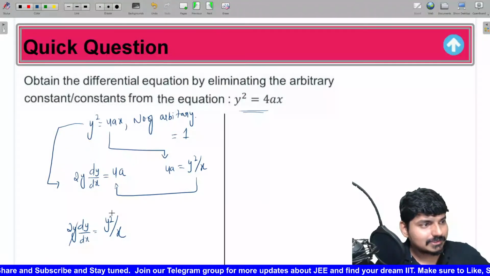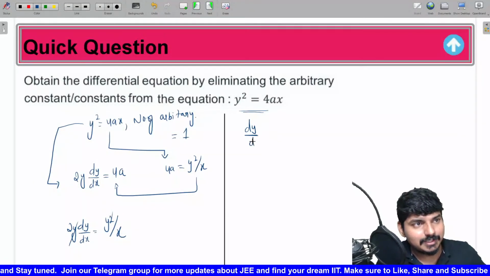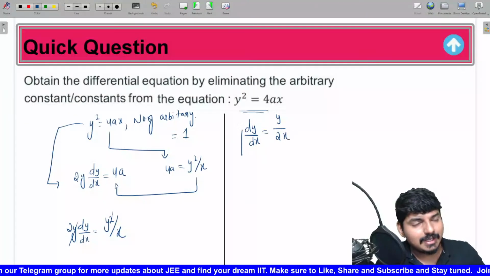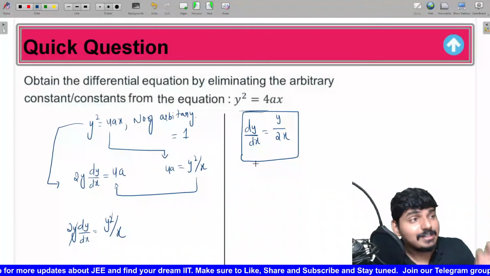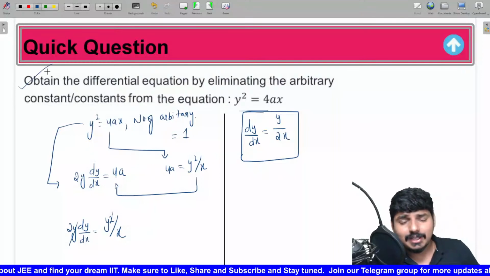So y and y get cancelled, and you get dy by dx is equal to y by 2x. And guys, let me tell you, this is the differential equation that is required. So see how we got the answer in this case.